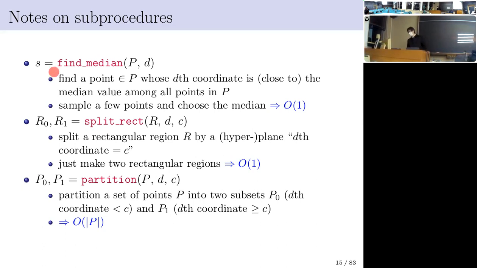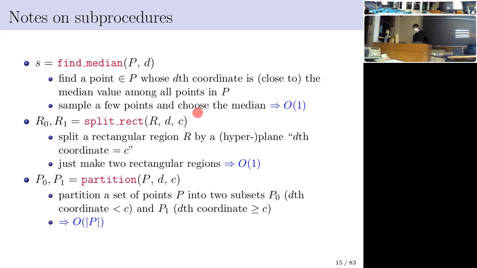This is how you want to choose this pivot. But trying to find the best point actually takes time, so that does not make much sense. In practice, you simply sample a few points and choose the point that is the middle. This can be done in a constant amount of time. Again, very similar to what we usually do in quicksort.